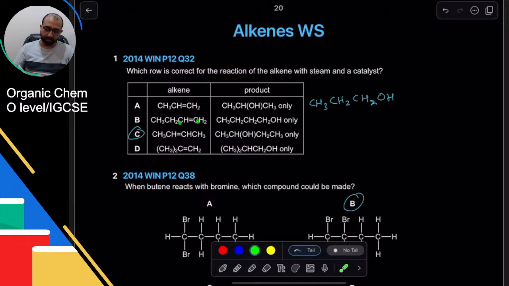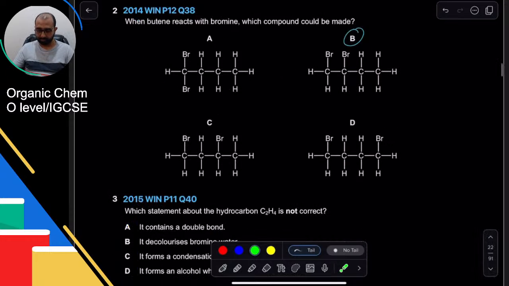In this one, I can get it on the second carbon from the right, or on the second carbon from the left. In both cases, it's on the second carbon, so these will not be isomers. And this one has an isomer here and an isomer here, so that's going to create isomers. Okay, so I hope that is clear.